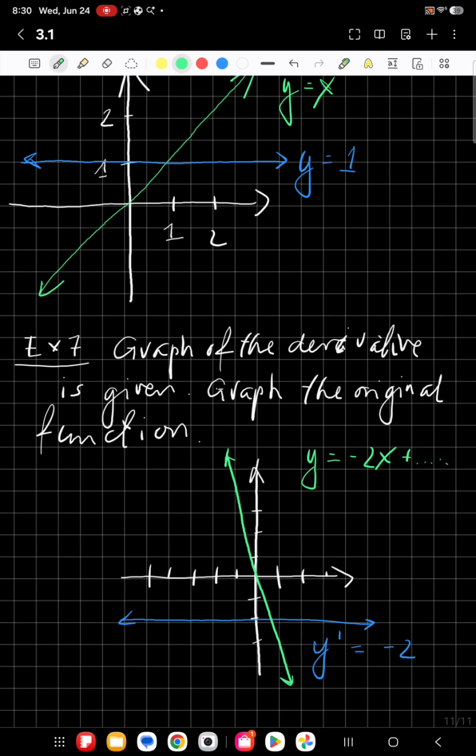Let me make it dashed. So this line would also work, it has the slope of -2. Or this one. We don't know what that y-intercept is. But these are possibilities, and there is an infinite number of possibilities for the function that has a slope of -2.